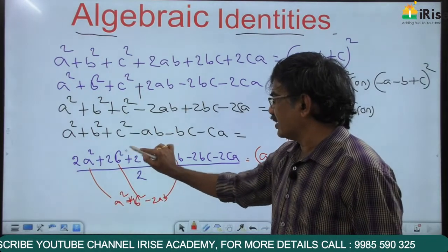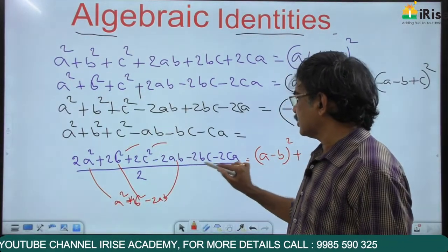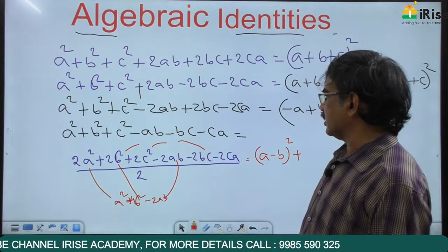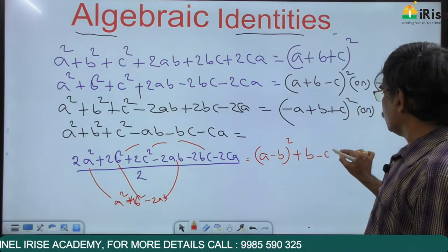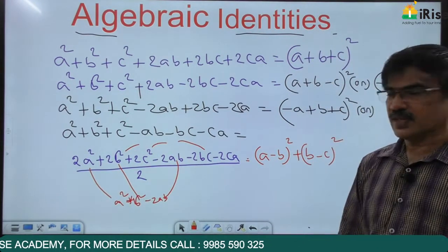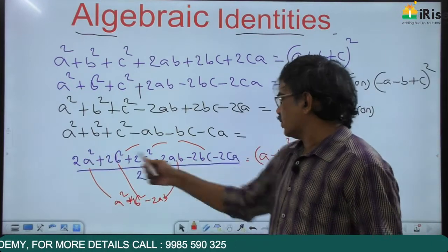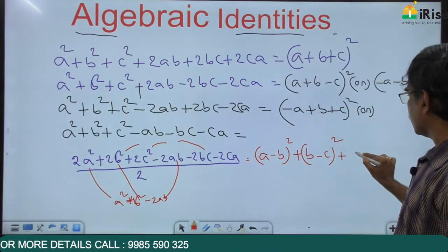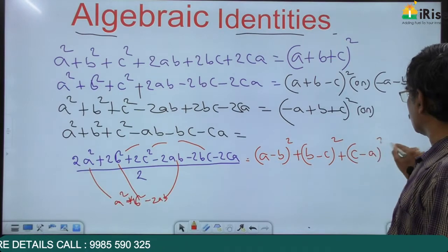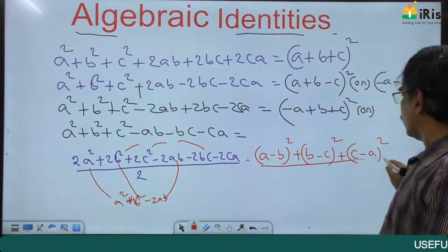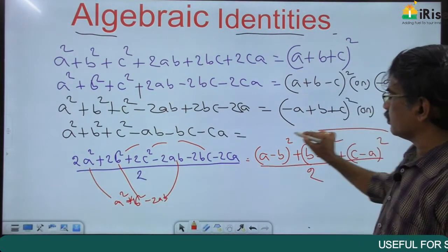Similarly, 1b square, 1c square minus 2bc can be written as b minus c whole square. The remaining c square, a square minus 2ca can be written as c minus a whole square, all divided by 2. This is a very important formula.